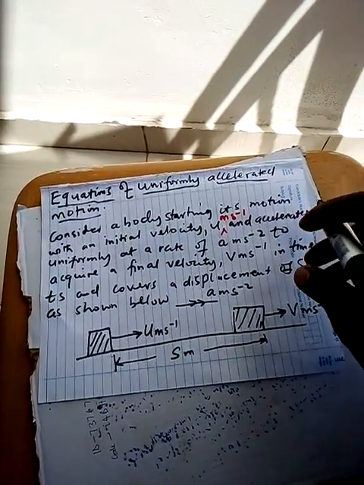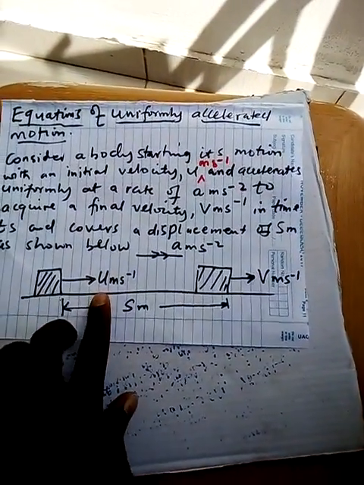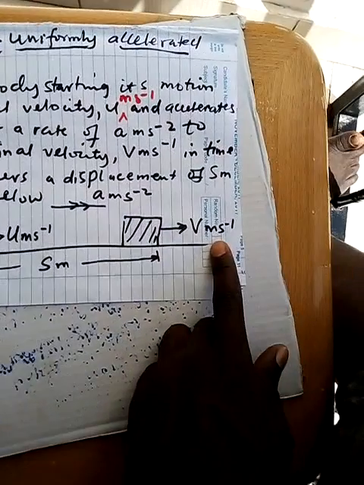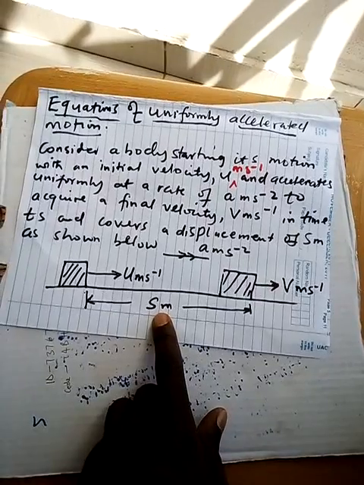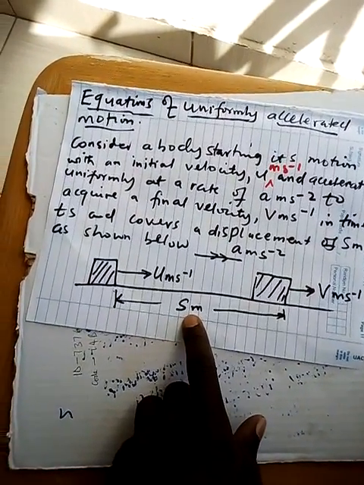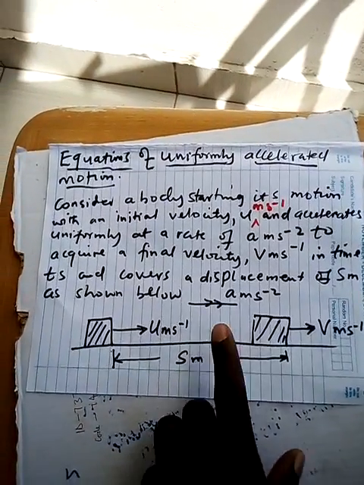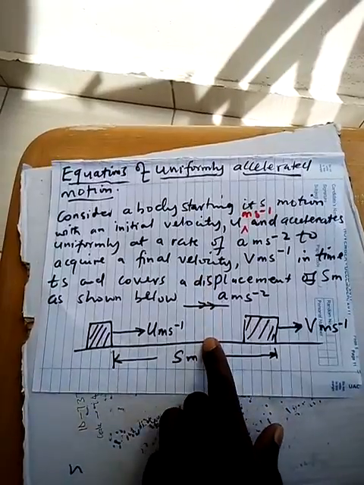It could be maybe a car moving on a straight road. So this is what we have: u, the initial velocity; v, the final velocity; s, the distance covered, the displacement covered. Of course, it can also be the distance covered, but we said we have to limit ourselves to vector quantities; and then a, the acceleration of the body according to the statement. Good.